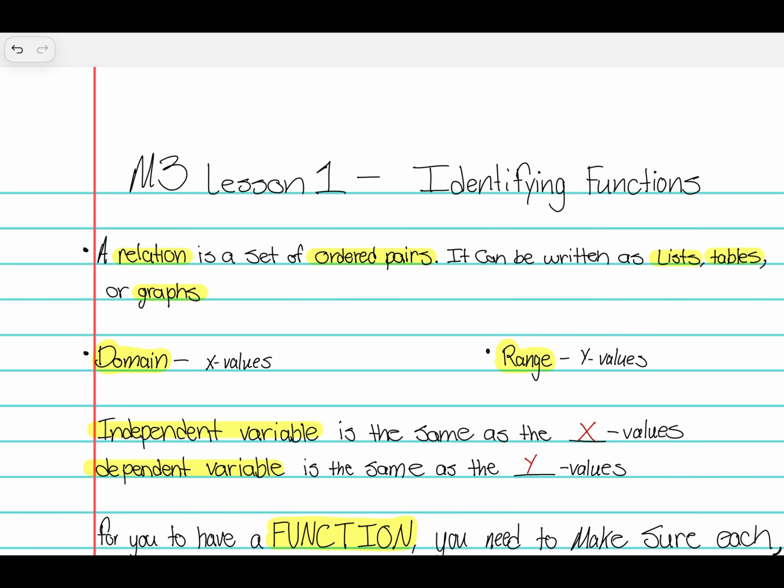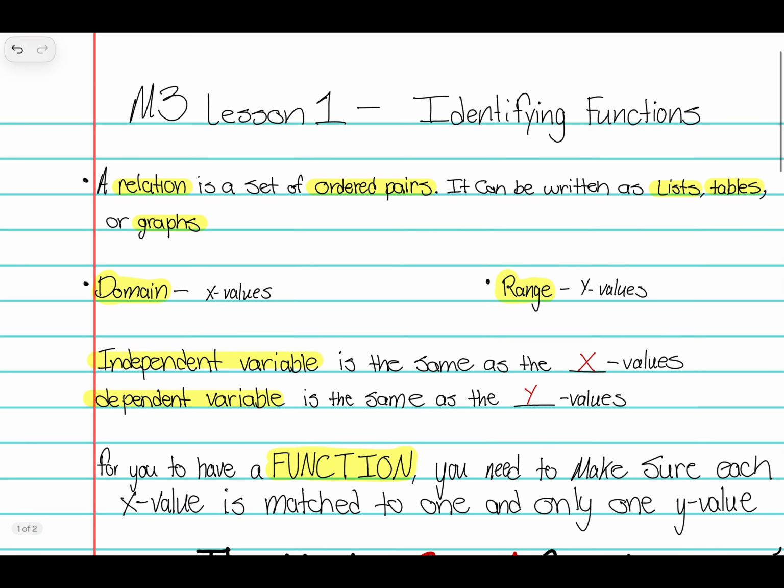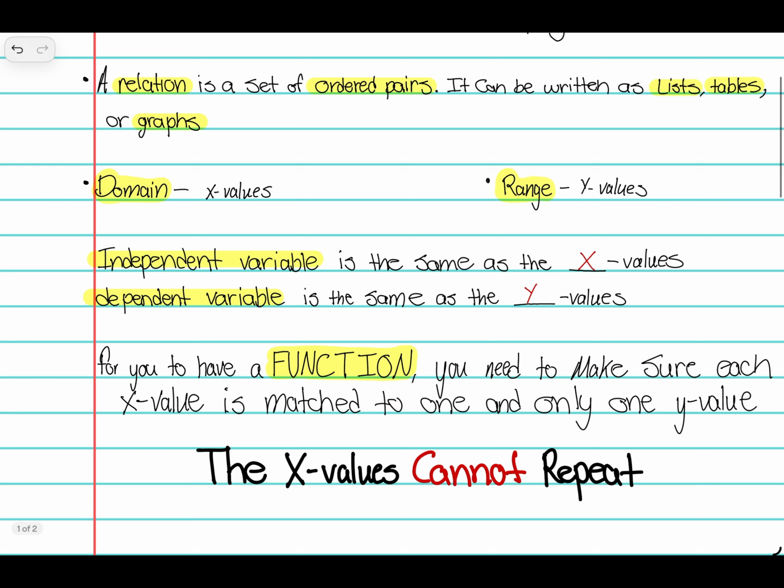Now, the whole goal of this lesson is to identify functions. In order for us to identify functions, you have to make sure that each x value is matched to only one y value. So that means each x value is matched to only one, okay, y value.